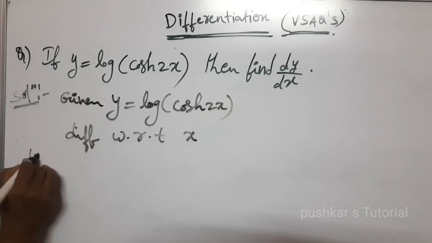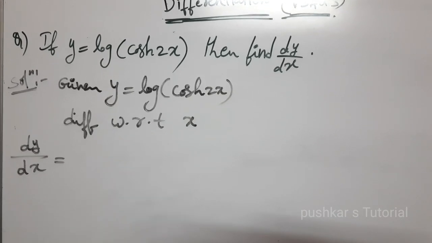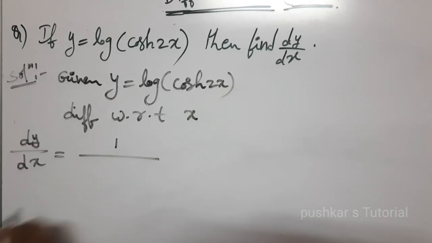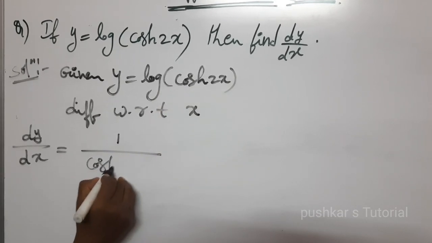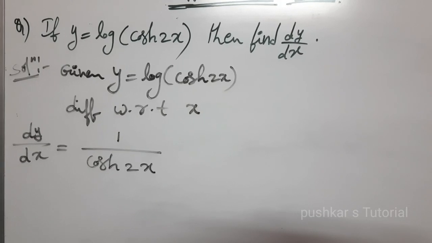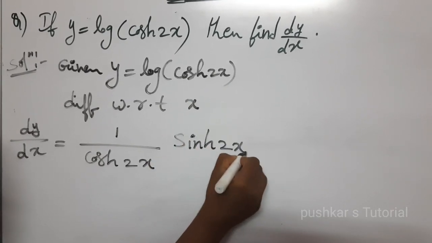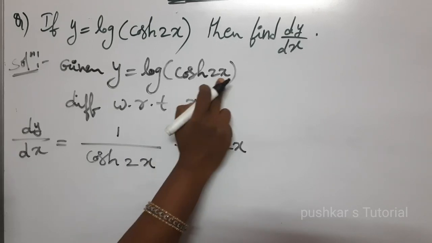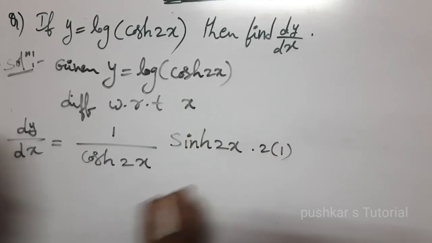First we have to do log differentiation. Log differentiation is 1/x, x in the place of cos h 2x. Cos h 2x differentiation is sin h 2x. Next, inner differentiation, the differentiation of 2x is 2 into 1.